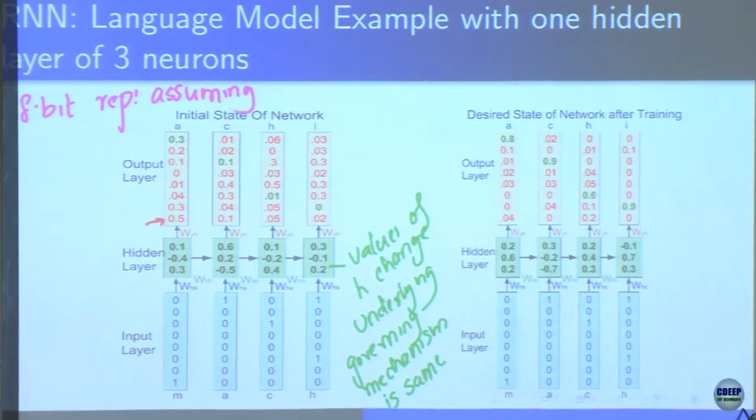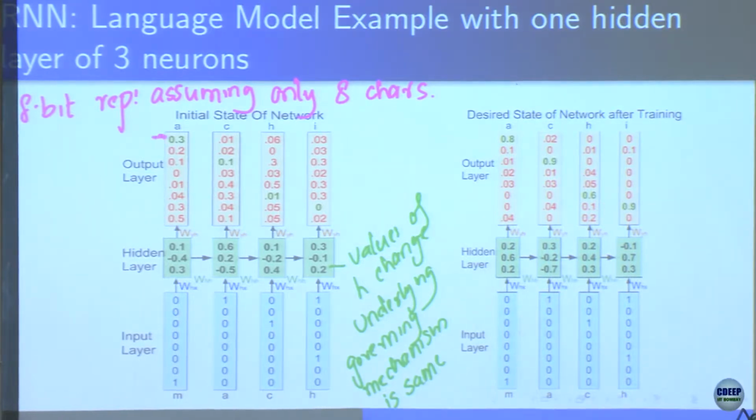This is again an assumption. If you have, say, 100 characters including math symbols and other Unicode, you will have a 100-bit vector. Here we have 8 bits, and initially we would have liked this A to have peaked here.